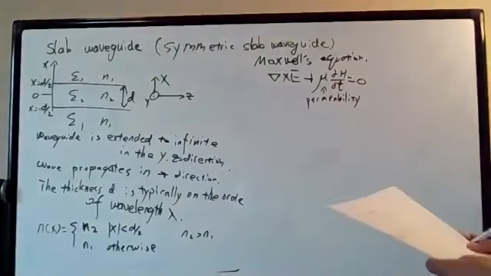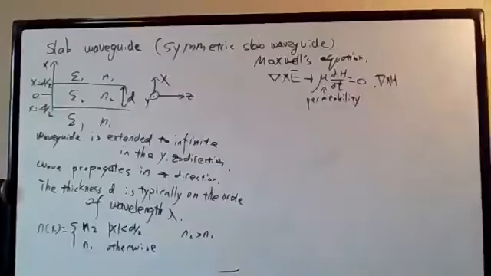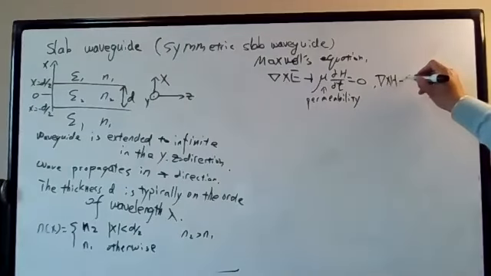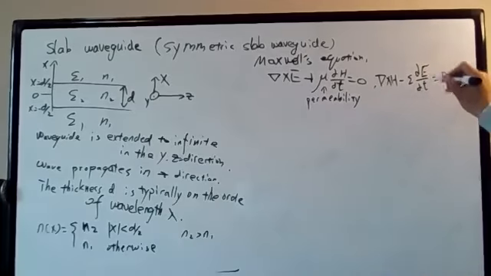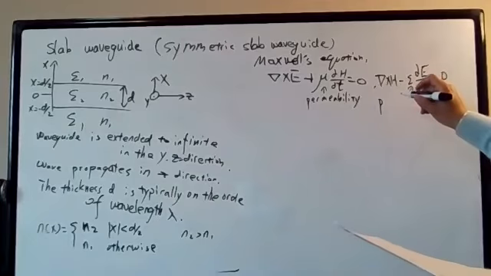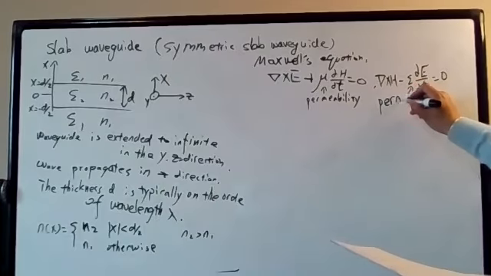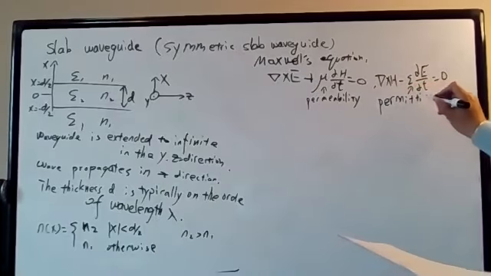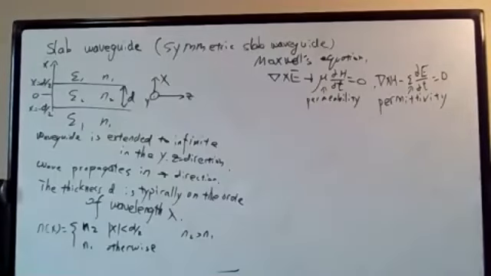And then we have curl of H minus epsilon partial E partial t equals 0, and this epsilon is the permittivity, right?